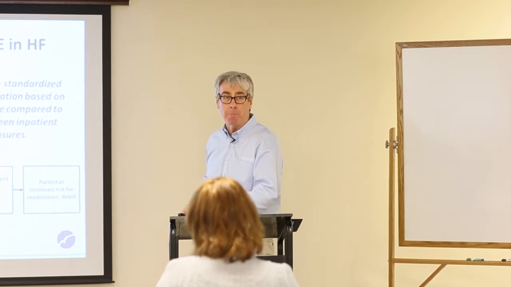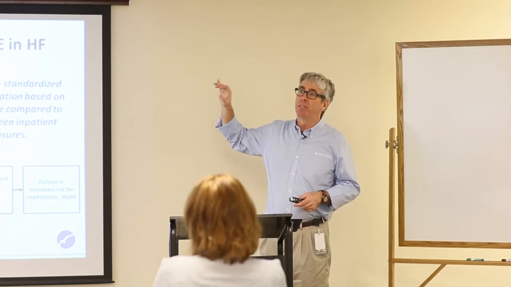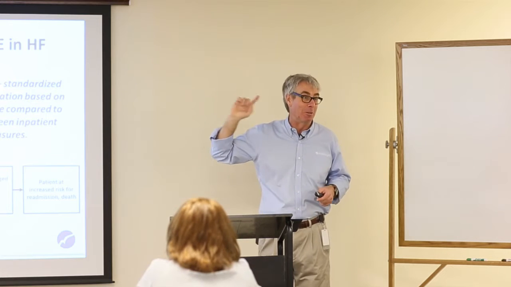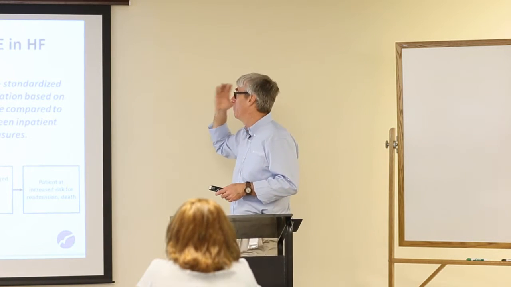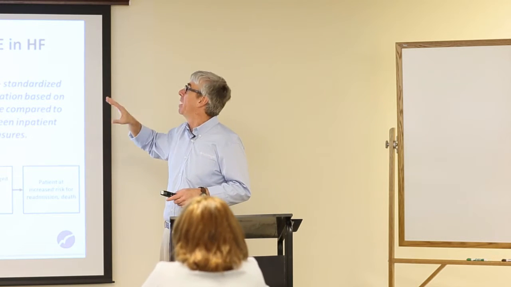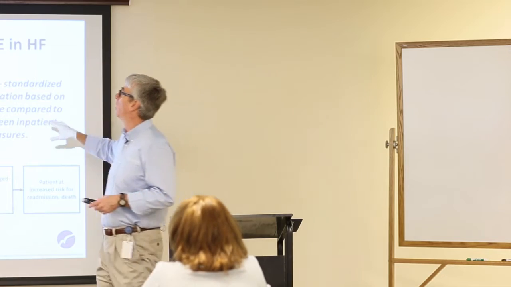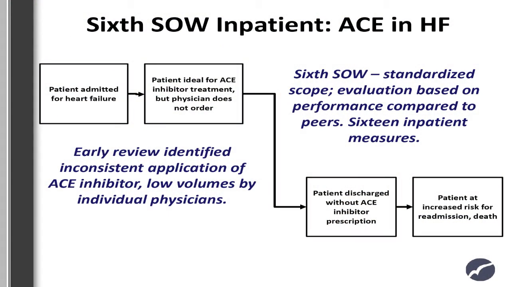So recall this example. ACE inhibitors. This is an old example now, there's another class of drugs, ARBs, that are used, but at any rate, at this time, the ACE inhibitor was a treatment that was indicated for some patients with heart failure. It wasn't used consistently.